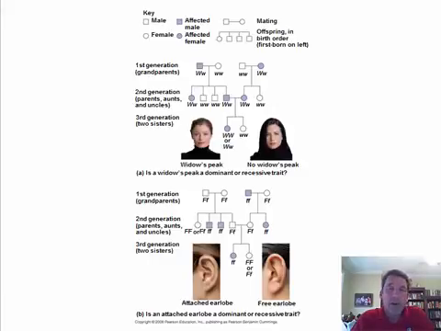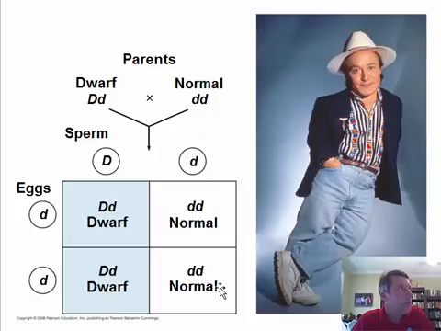But those are recessive. There are some dominant inherited disorders. Your book mentions this one here. Dwarfism is a dominant inherited disorder, so anytime you carry that gene, you exhibit that dwarfism. Dwarfs are individuals that have this disorder.